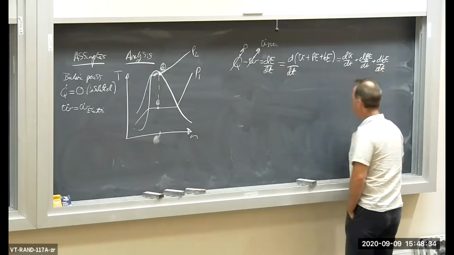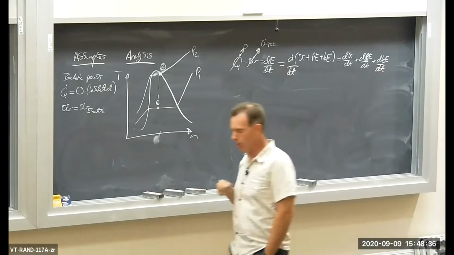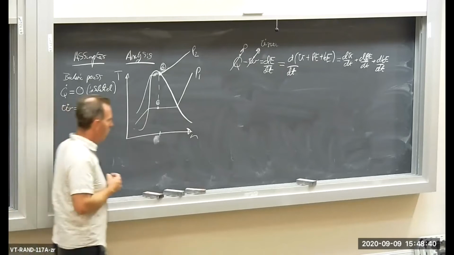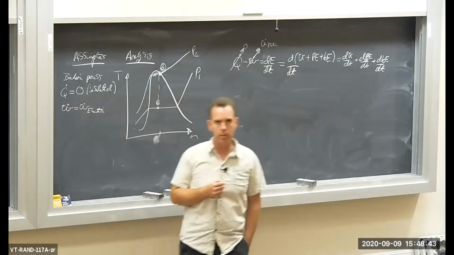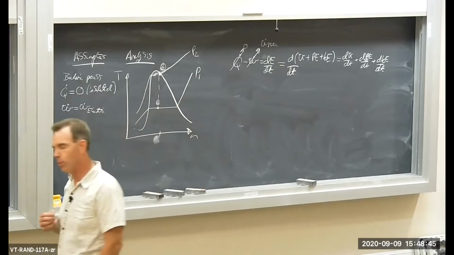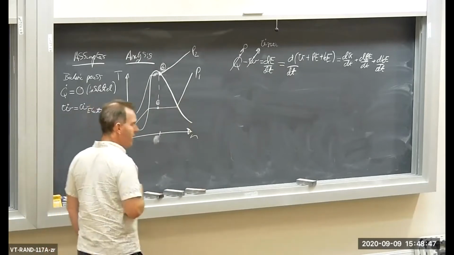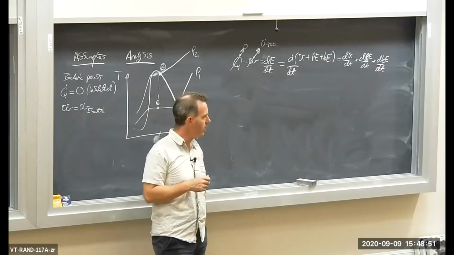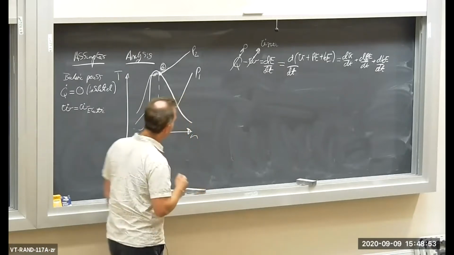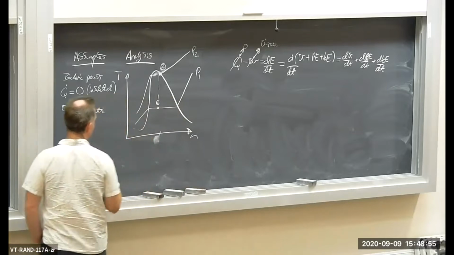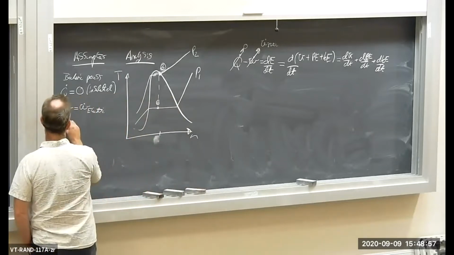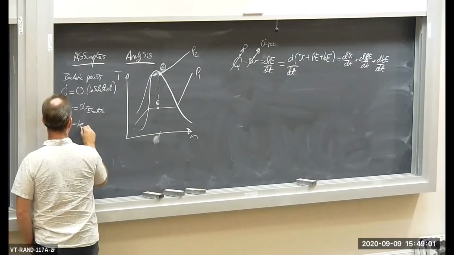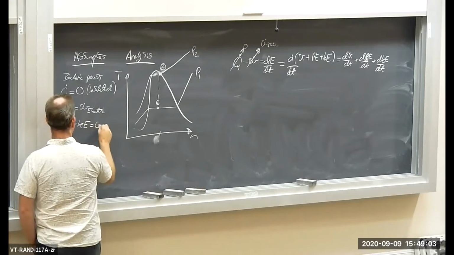Now, the dPE and dKE dt terms are due to a change in velocity or speed or a change in position of the system, i.e. gravitational potential energy. I don't see any indication that the rigid container is moving or accelerating in any way. So I'm going to assume away changes in potential energy and kinetic energy.